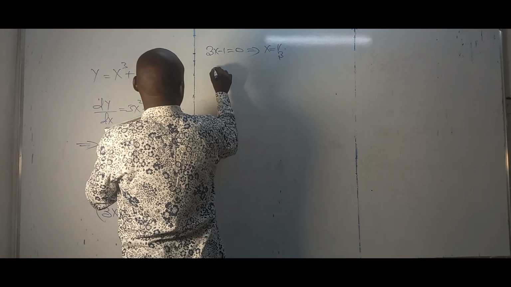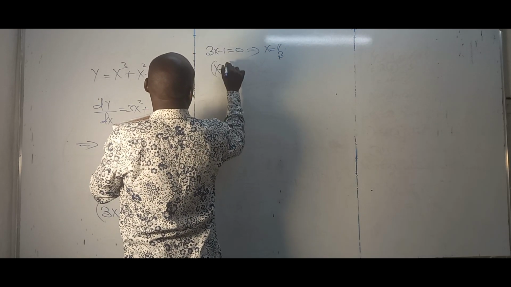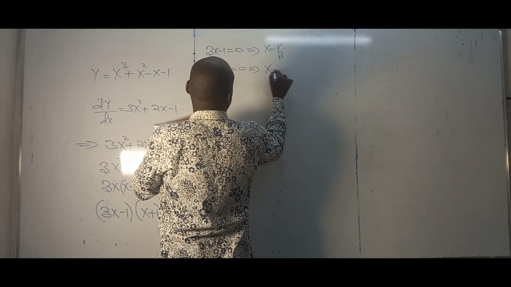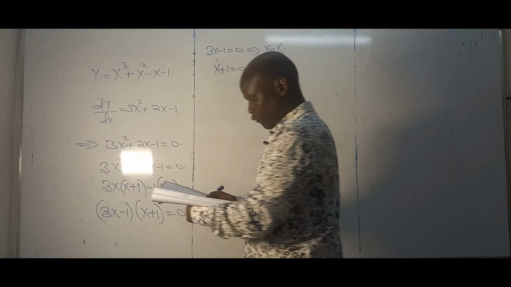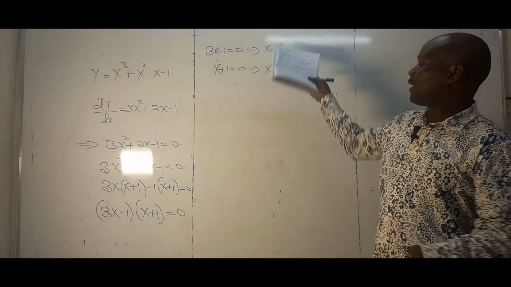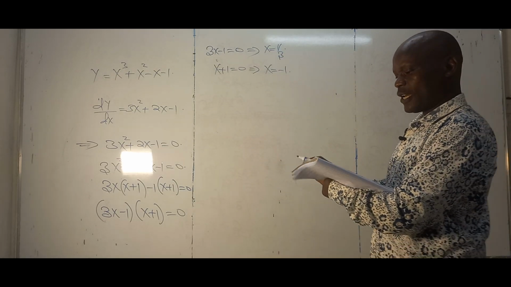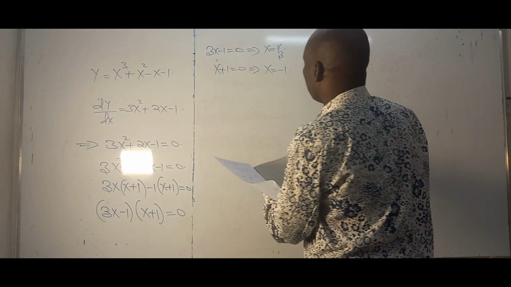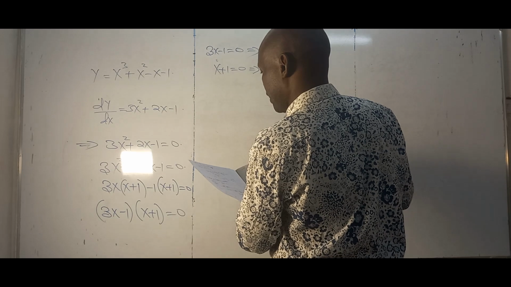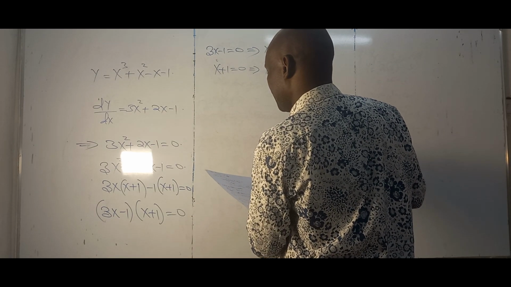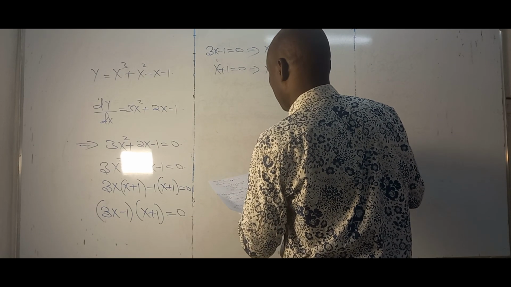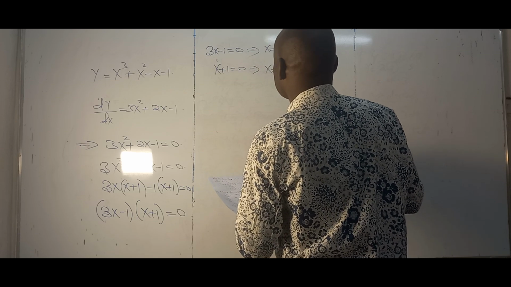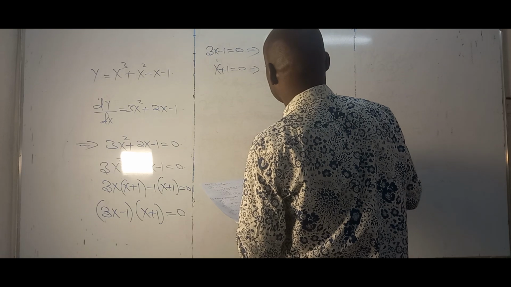And if x plus 1 is equal to 0, that implies that x is minus 1. So the two values of x that we have are a third and minus 1. Well, that's not all. We then need to check the corresponding values of y when x is a third and when x is negative 1.